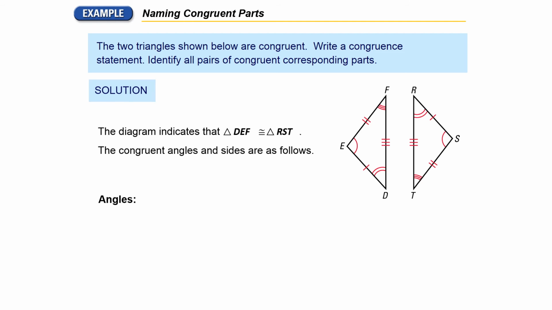D goes with R. E goes with S. F goes with T. The sides do the same thing. The first two letters are DE. It matches the first two letters of the other, RS. EF are the ending, so it matches ST, the ending. And then don't forget the last one. First and last, DF goes with first and last, RT.